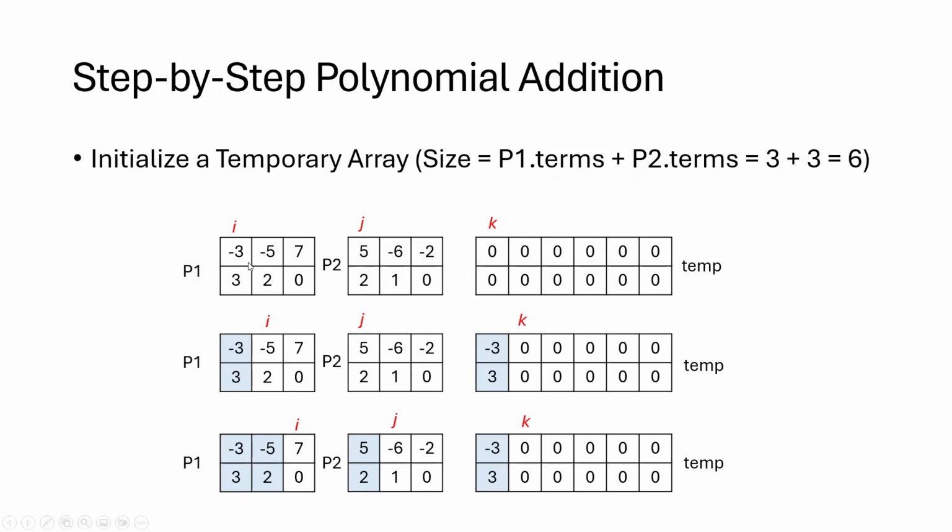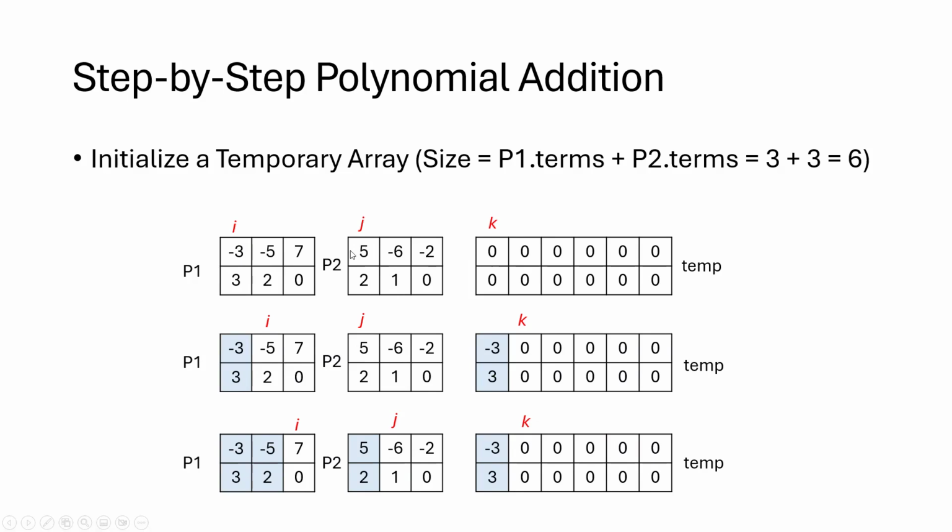Now, what you have to do if addition is not possible: we have to copy one element into the temporary storage. Okay, so which one should I copy? If the exponent pointed by I is greater than the exponent pointed by j, then I will copy the term from my P1 polynomial. Else, I will copy the term from my P2 polynomial.